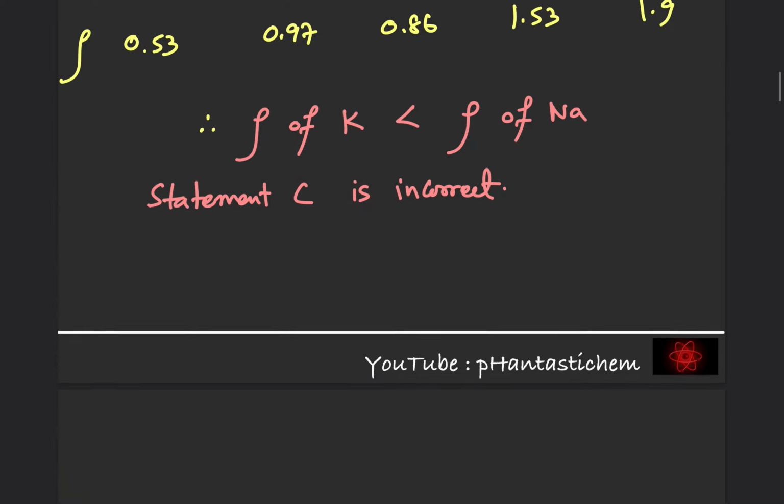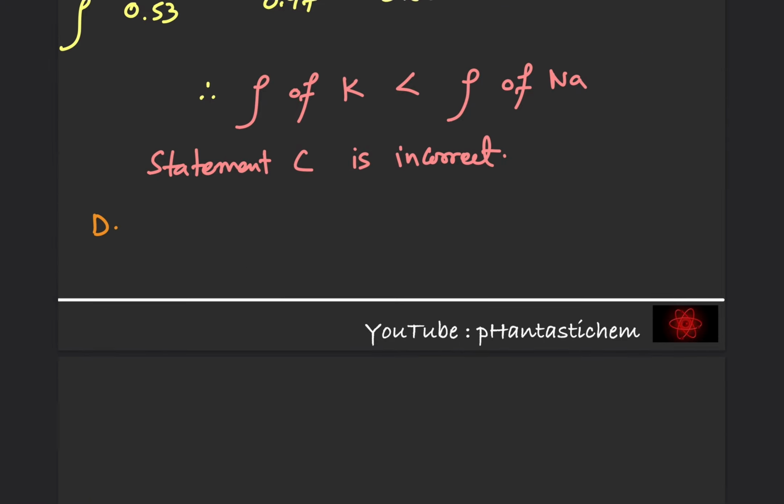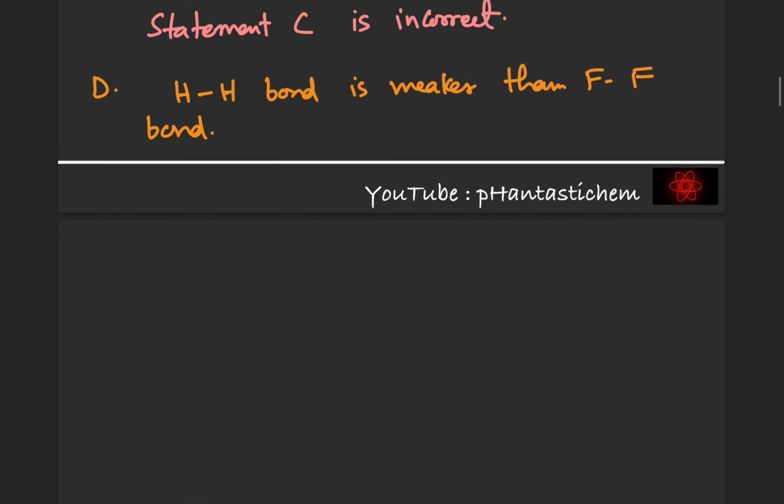Cool. Then we have statement D. It says that the HH bond is weaker than the FF bond. Okay, so to compare their bond strengths, greater the size of the atoms, greater is the bond length.